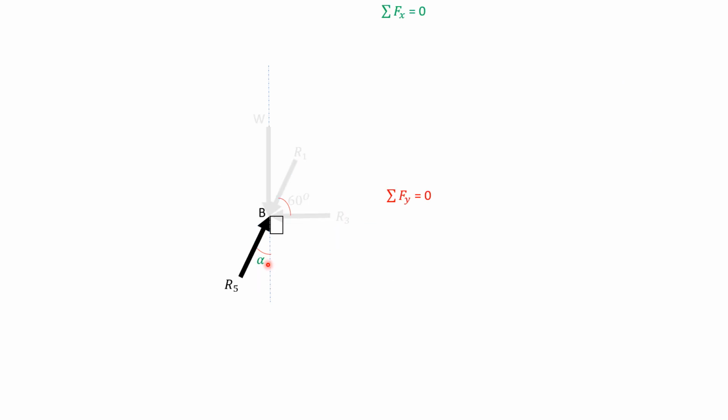Now, applying equilibrium conditions, summation Fx equal to 0 and summation Fy equal to 0. R5 sin alpha is directed towards the positive x-axis, and R5 cos alpha is directed towards the positive y-axis.